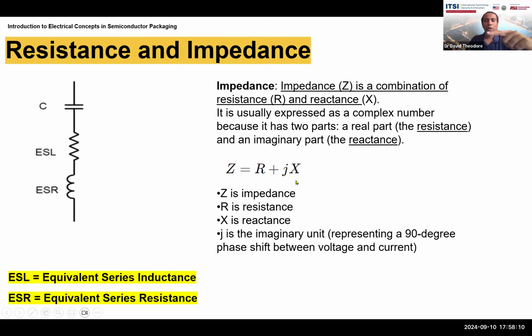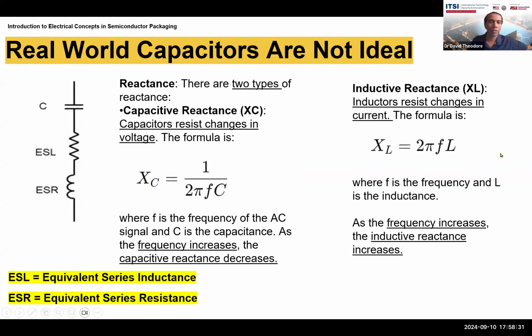When you add in J, you're now talking about a phase shift between the voltage and the current, a 90-degree phase shift. So if the voltage is going up and then coming down, the current lags by 90 degrees, or it can lead, depending on your capacitance and inductance.